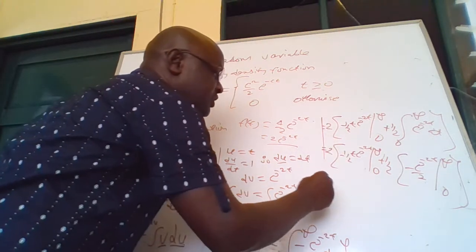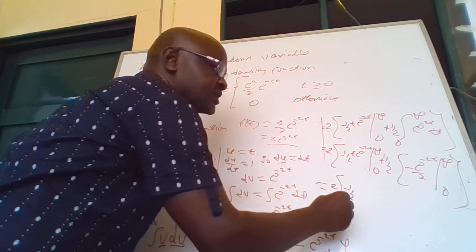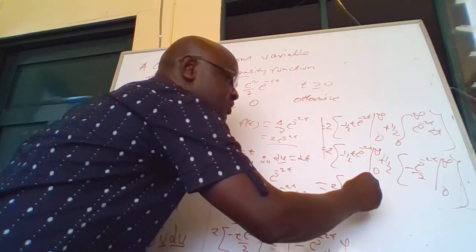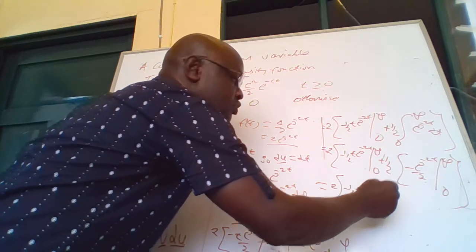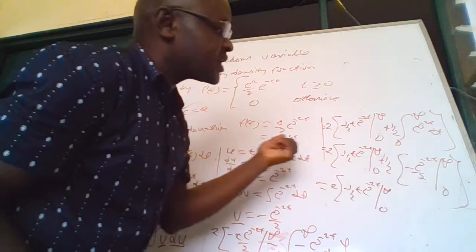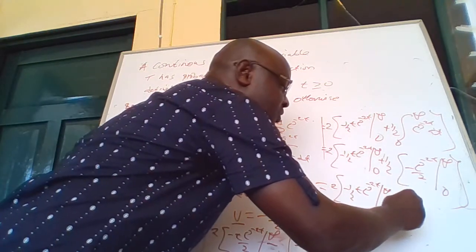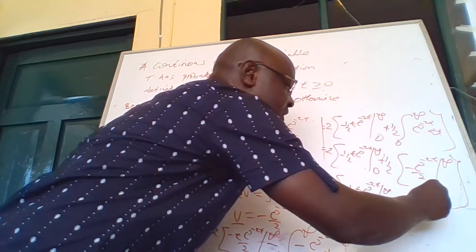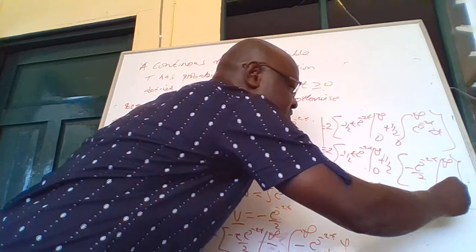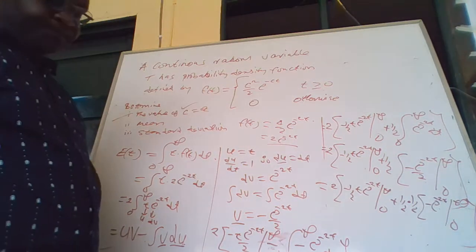So this will be equal to 2 into minus a half t exponent minus 2t. Then here we can take out a half, so that we have plus 1 all over 2 dot 1 all over 2 into minus exponent minus 2t, like that.